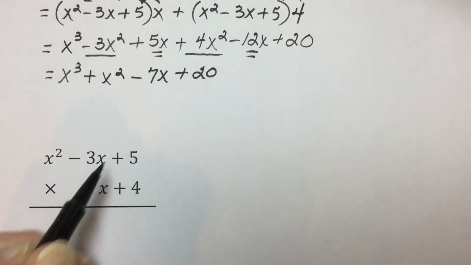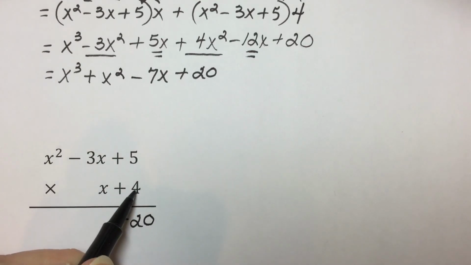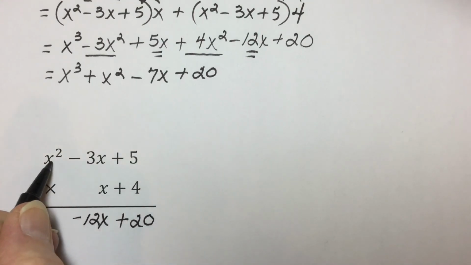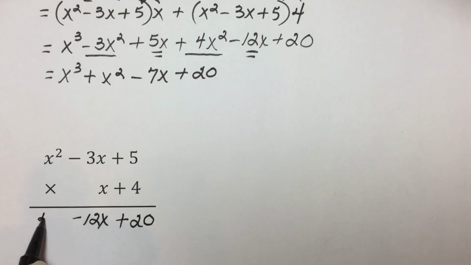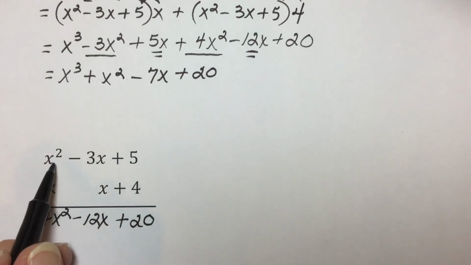In the first, 4 times 5 results in a positive 20. 4 times negative 3 is negative 12x, and 4 times the last term results in 4x squared. 4 has been multiplied by each one of those terms.